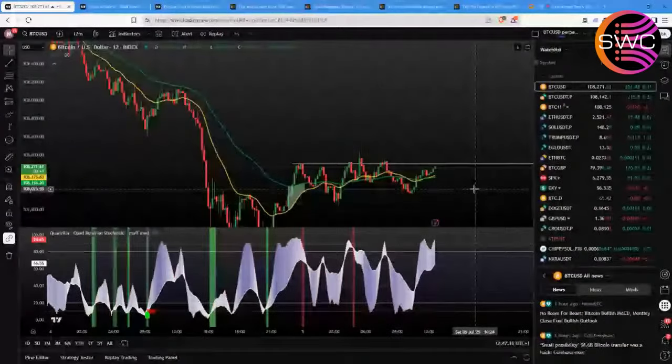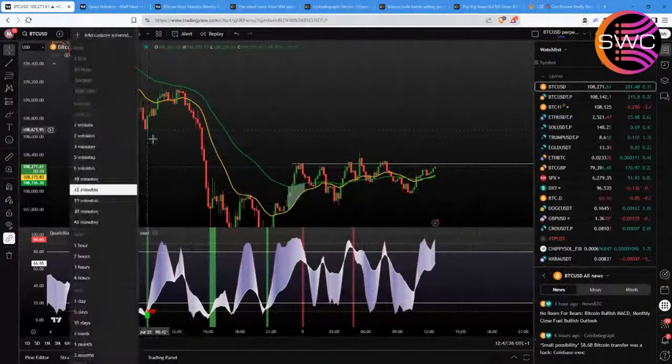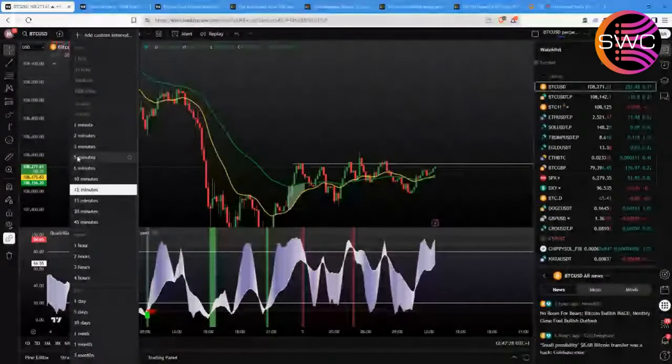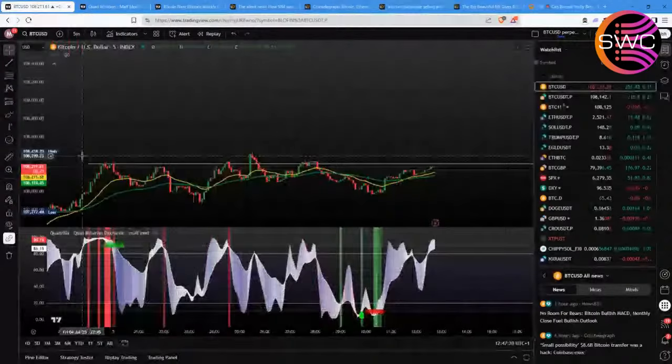For very fast moves I tend to look at the 5 minute, but on the 12 minute they're flipping backwards and forwards a little bit. But I don't know, it looks all right. I think it's all quite healthy.